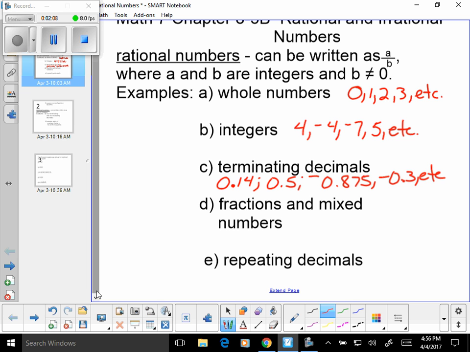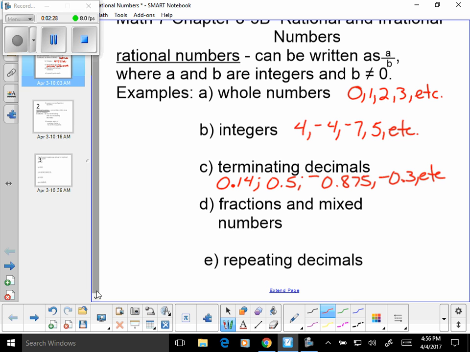Now notice that terminating, maybe that's a word you don't know, but to terminate means to end or to stop. Terminating means that it's a decimal that has a definite stopping place. It terminates, it ends, it stops. It doesn't go on forever and ever and ever.